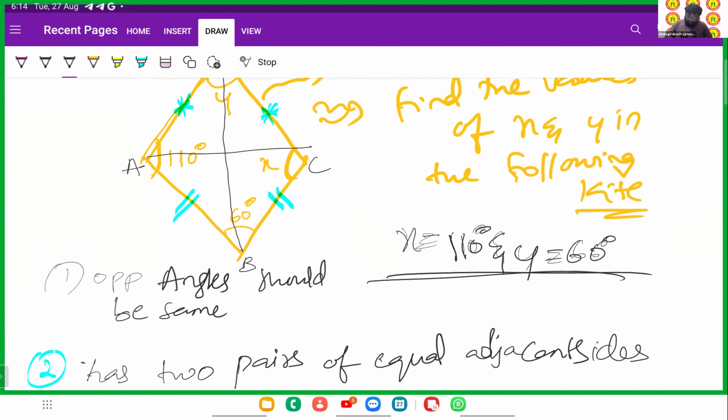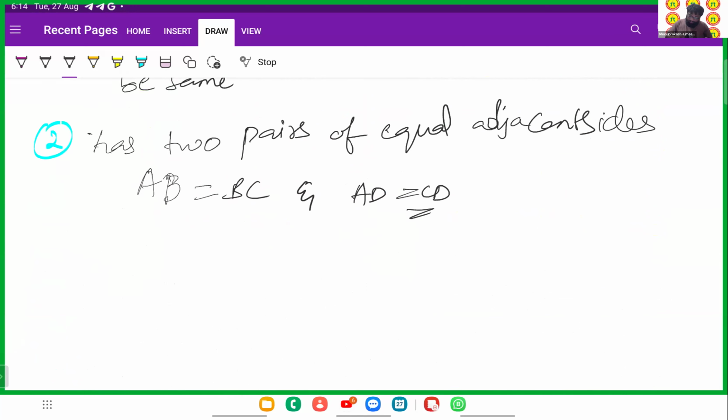And here if you see, this is not a proper shape.